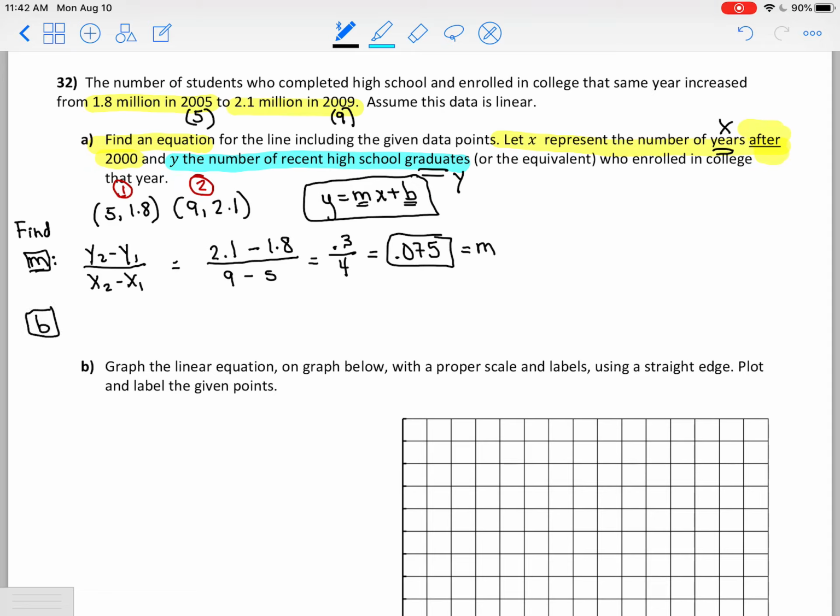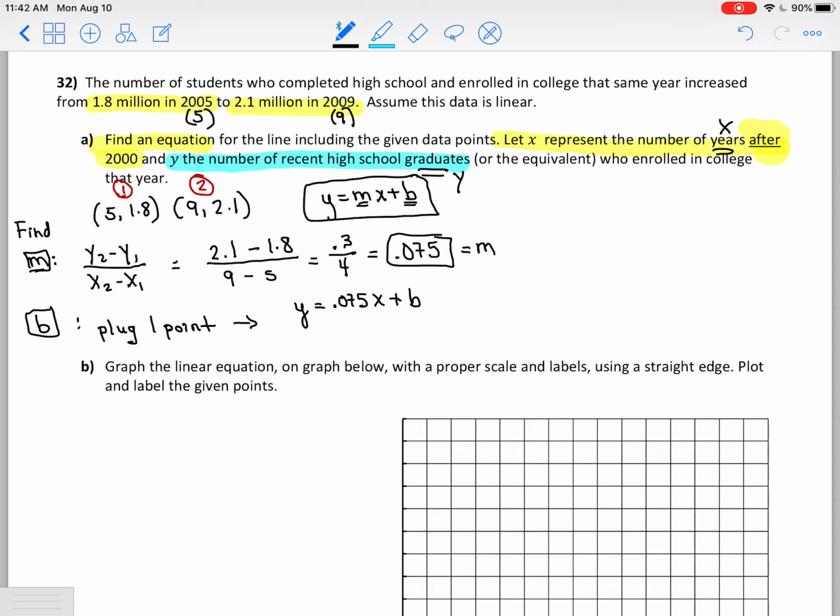And remember, when we're looking for our b, we're just plugging in a point. So we just want to plug in 1 point. We're given 2, so we can choose which one. Both of the points are on that line, so it doesn't really matter which one we choose. Okay, so let's do that. I'm going to take my original y equals, we already know 0.075 is our slope, so I can stick that in there, x plus b.